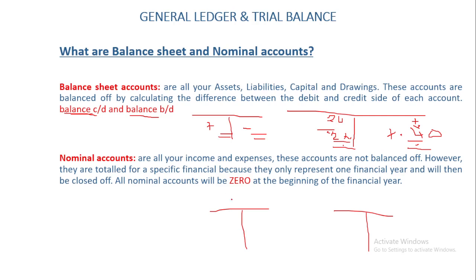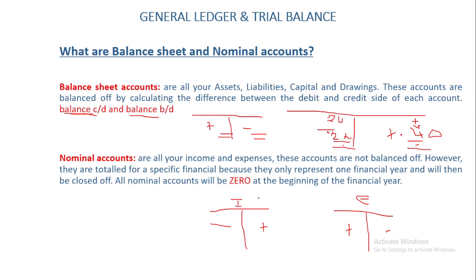So here we've got income and we've got the expenses. Income, we know, increases on the credit side and decreases on the debit, and expenses increase on the debit side and decrease on the credit. So when you record information under these nominal accounts, you're only going to record on the one side on which the information actually occurs most of the time.